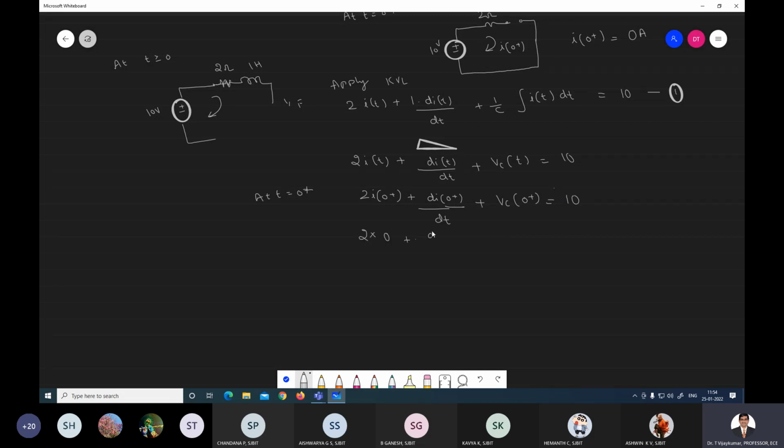What is the voltage across the capacitor immediately after closing the switch? 0, because it is shorted. So di(0+)/dt is equal to 10 amps per second.